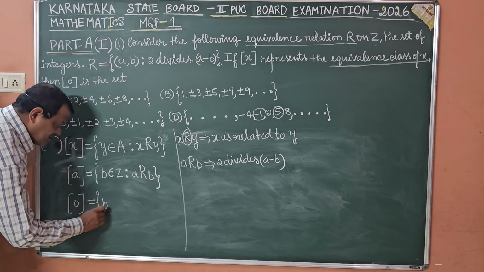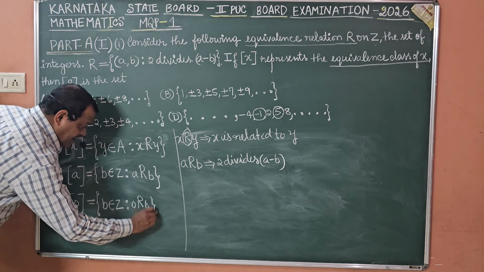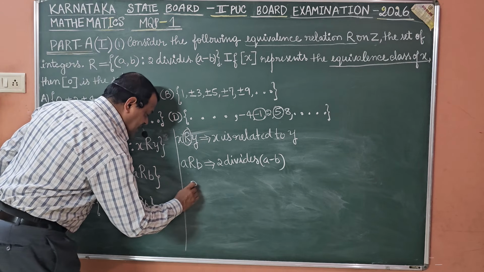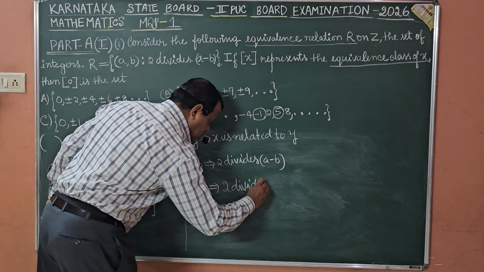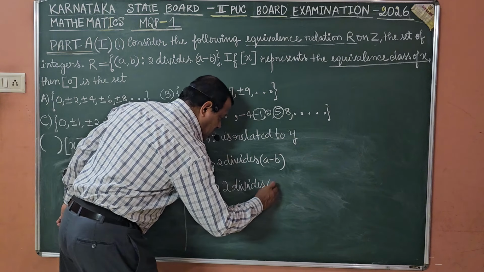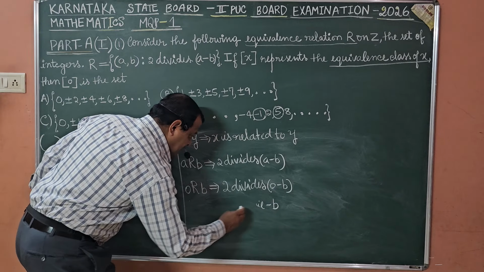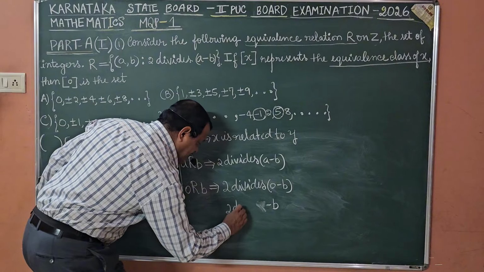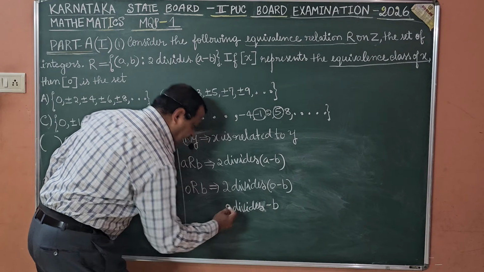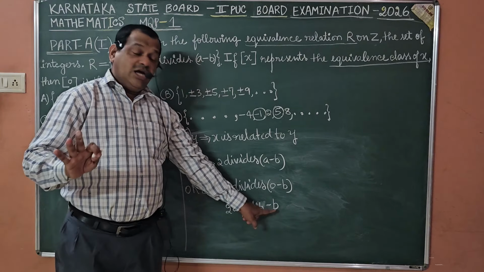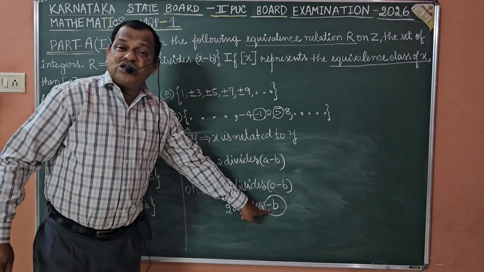Therefore it contains all those integers B such that 0 must be related to B. That means 0 related to B means 2 divides 0 minus B. That is nothing but minus B. 2 divides minus B. See, I write here 2 divides minus B. Please tell me when it is possible that a number 2 can divide another number completely, that is with remainder 0. Provided the other number is an even number. It should be an even number.